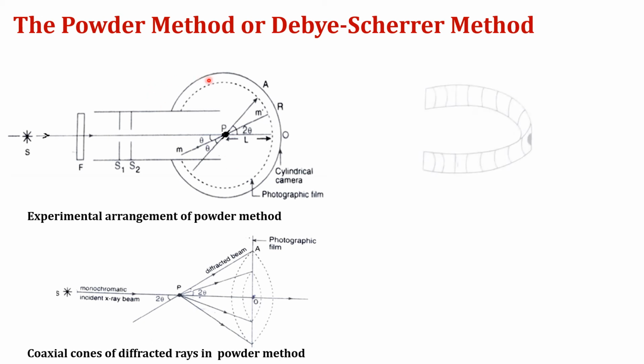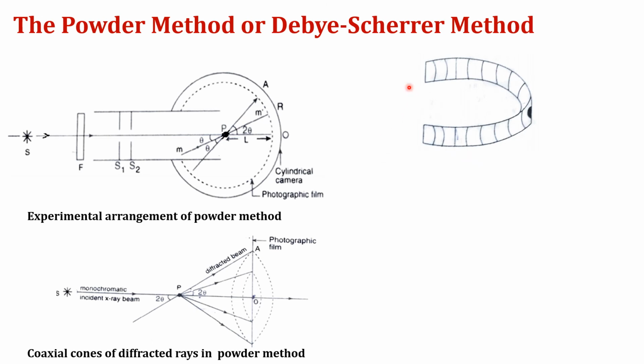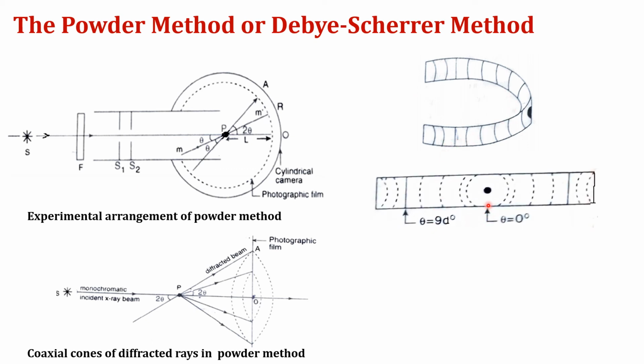Hence, what is the resulting pattern? If the film is developed and taken out, it shows the center point O where the X-ray directly strikes, and there theta is 0.